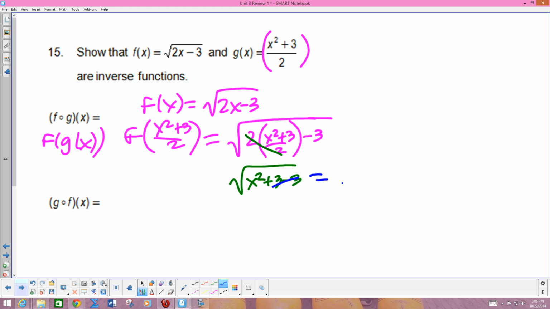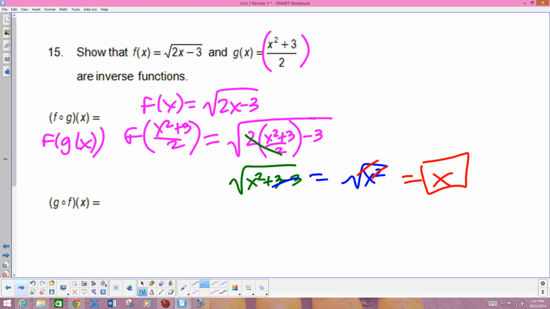Then I have a square root of x squared. Square and square root go, and it's equal to x. So f of g of x is equal to x. But all you care about is x. Don't get worried about that. This is what you care about.